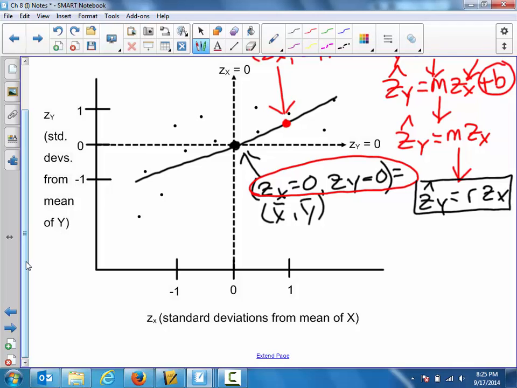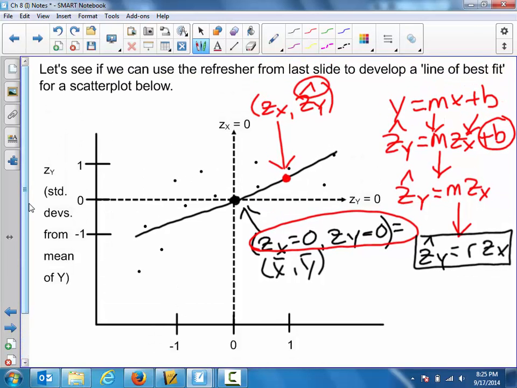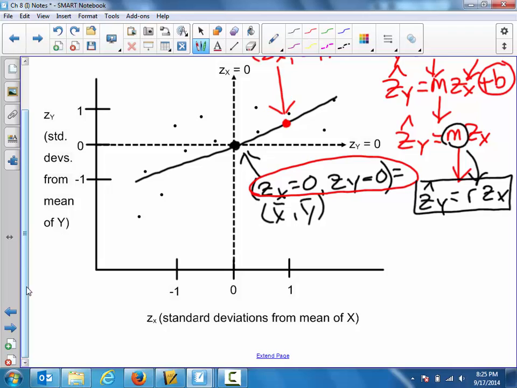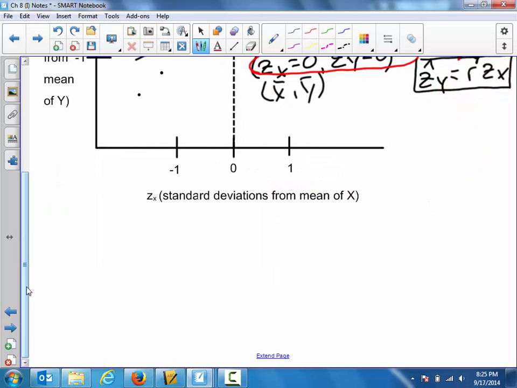If you're not working with typical variables of feet, height, inches, GPA, shoe size, weight, etc. If you're strictly talking in terms of standard deviations, what we've got in black is how you could make sense of this regression line. All right, so we said that our slope is just equal to the correlation coefficient. I want to highlight something there, and to do that, let me scroll down here.